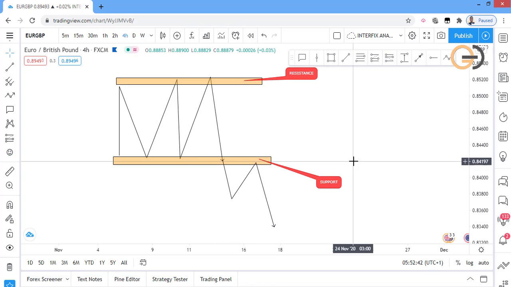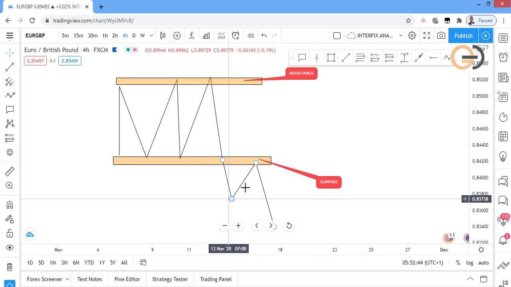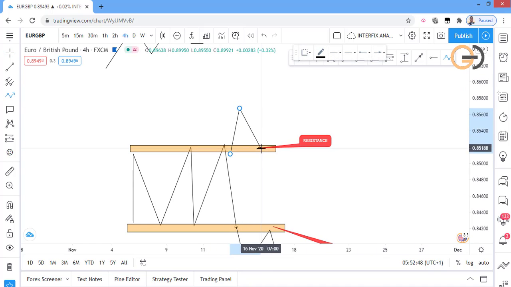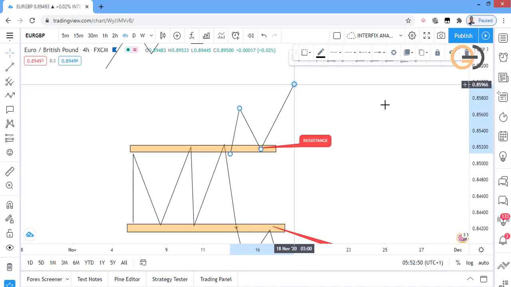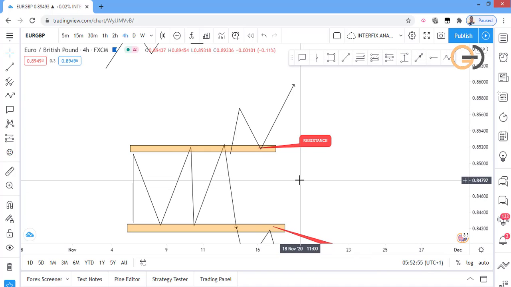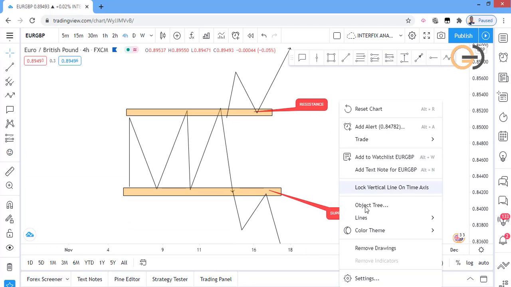A resistance. Once the support is broken, it becomes a resistance, and when the resistance is broken, it becomes a support for the price movement. All right, so price will always flip within these two areas, support and resistance.